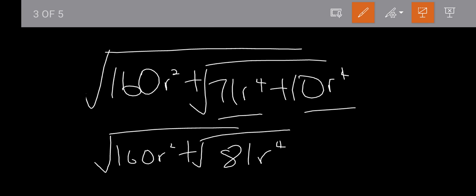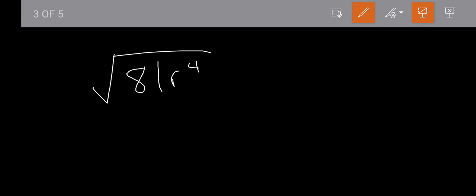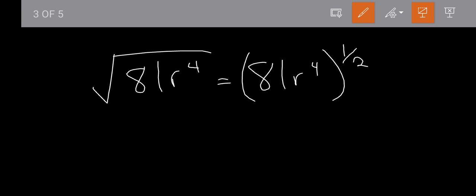And so let us break this down. Let's break down 81 r raised to power 4. I can write this as 81 r raised to power 4, all raised to power 1 over 2. Remember, this is square root, and square root is 1 over 2.